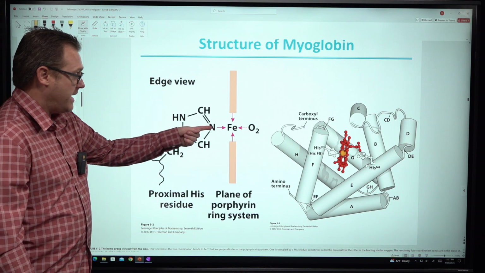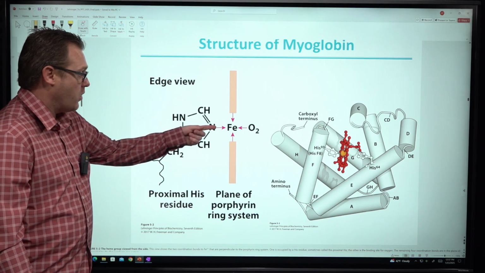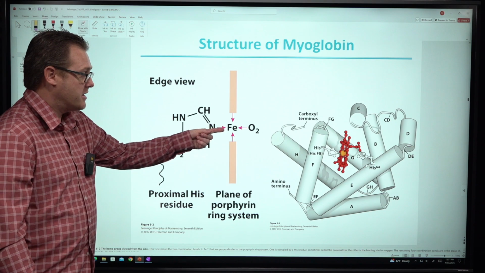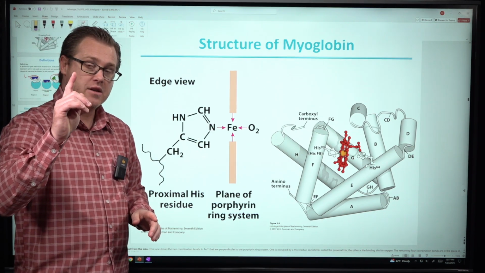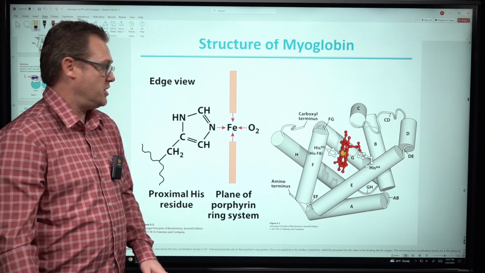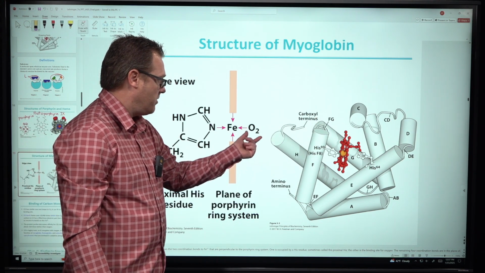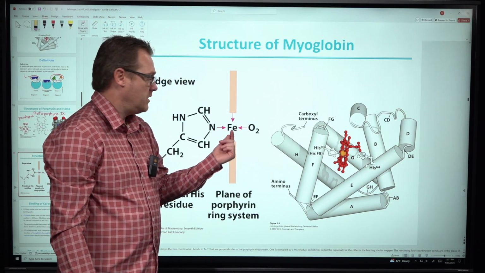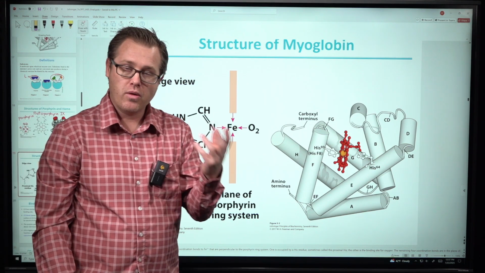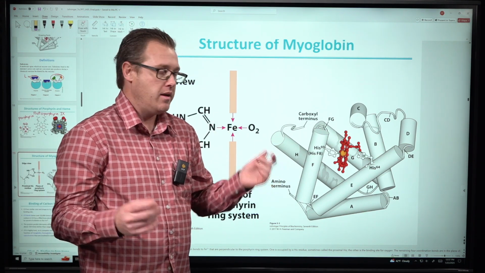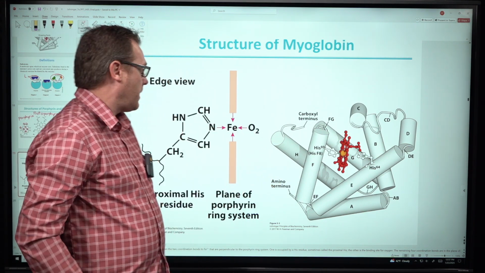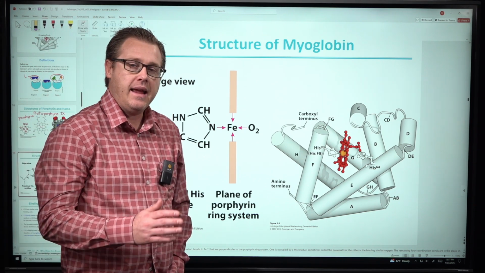So it's going to take the nitrogen in histidine and coordinate with the iron. So that leaves one face open to oxygen. And it's going to come on the other side. And oxygen is going to bind to the iron. And now that can be transported or stored where it needs to be until it's needed, and then it can be released.